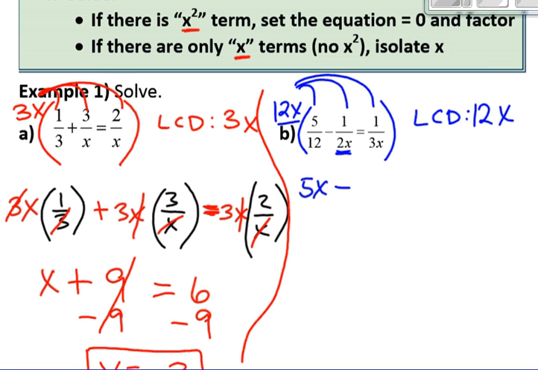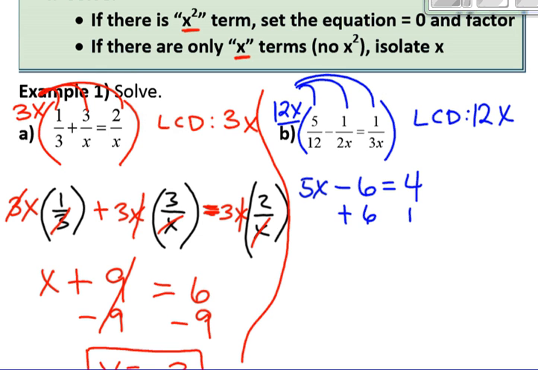So when I divide that, the 12 is going to divide by the 2 to become 6, and then you have an x in the numerator and the x in the denominator, so the x's cancel. Then for the last one, we have 12x times 1 over 3x. So when you multiply that, 12 divided by 3 is 4, and also the x's will cancel.